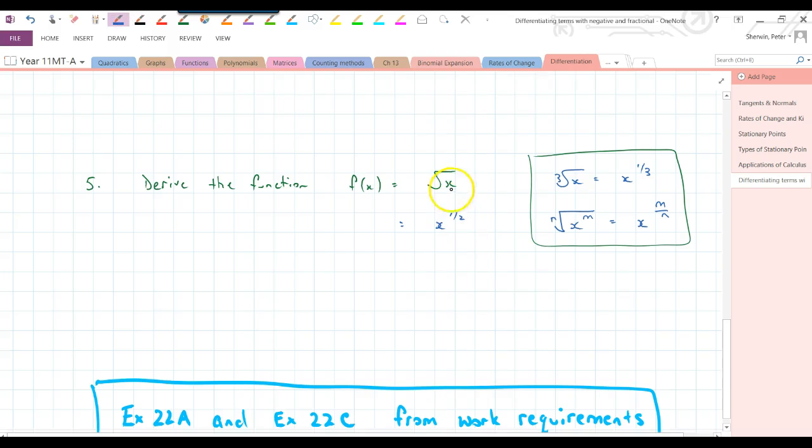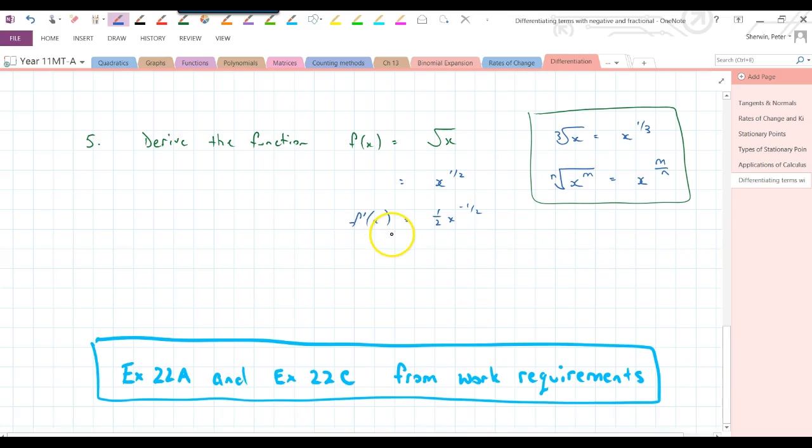Okay, here we go. So we've rewritten this as x to the half. Now it's in a differentiable form. F dash x is equal to, half comes down, subtract 1 from a half, that's minus a half. So a half x to the minus a half. Okay, and that's our derivative.